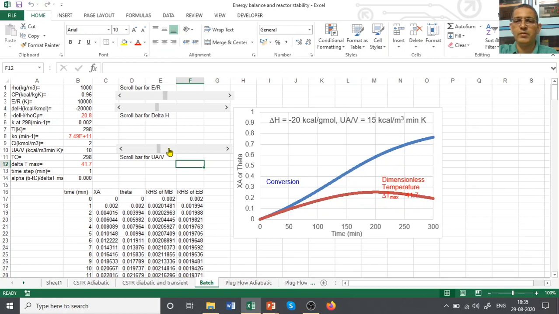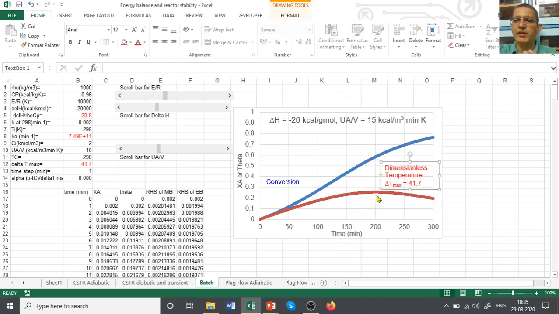See, the peak value of temperature: as we increase time, temperature goes up because now heat generation is more than heat removal. But then as temperature goes up, heat removal picks up, becomes more and more, and temperature falls. So this peak temperature I get after 200 minutes, and the peak temperature is 0.2, and the delta T max is 41, which means temperature is rising by 20 degrees centigrade.